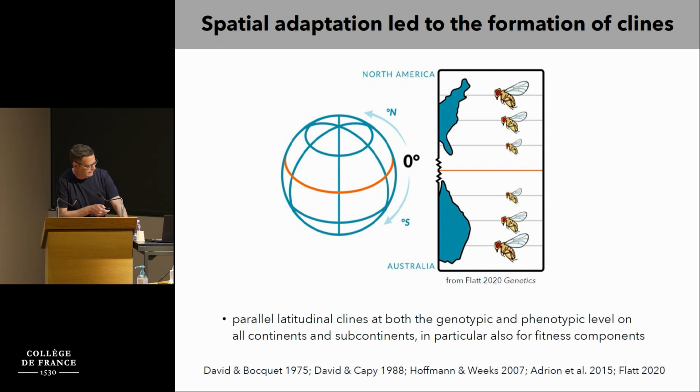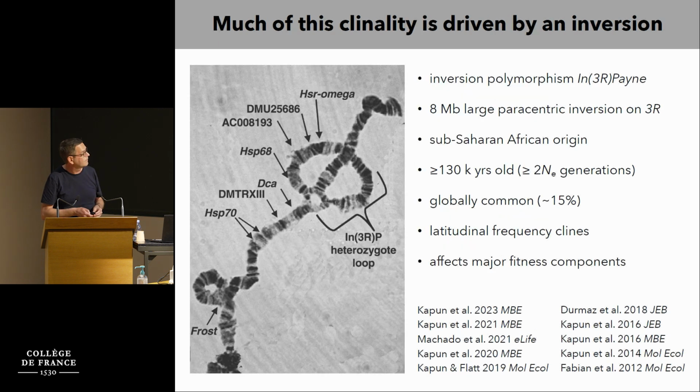So what we see here for body size is that high latitude populations are genetically larger as compared to low latitude populations. And we see the same matching pattern in the southern hemisphere, and this is actually also true for other continents and areas. More importantly, we see this pattern not only for body size, but also for other fitness-related traits. So there are parallel latitudinal clines at both the genotypic and phenotypic level.